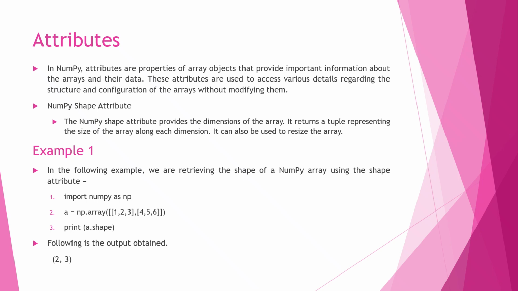For example, in this example we are retrieving the shape of a NumPy array using the shape attribute. This contains 1 2 3 in the first row and 4 5 6 in the second row. So we have a 2 by 3 array, and the shape of this array is 2 rows, 3 columns.